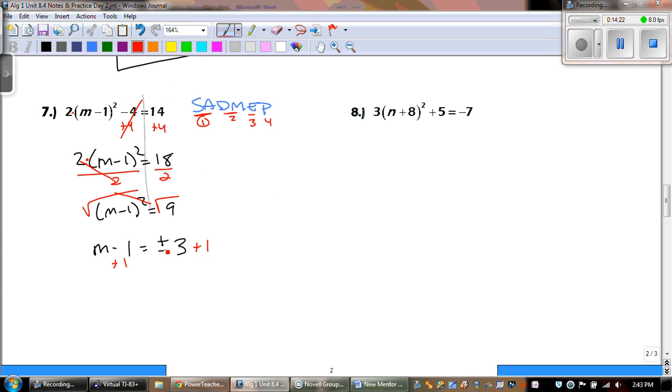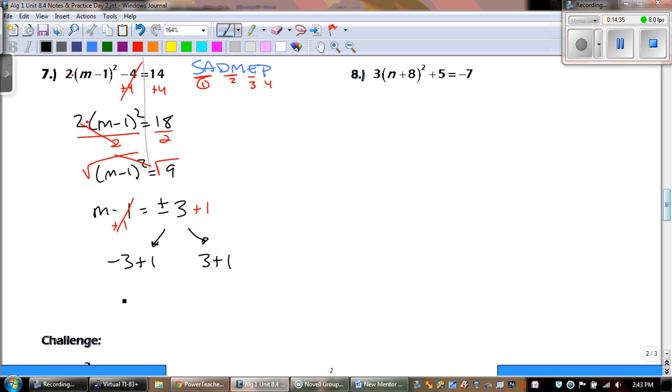Add 1 to both sides. And that breaks down to our two parts, where it's the negative 3 plus 1 and 3 plus 1. And we get that m equals negative 2 or positive... Right, did I do that right? Yeah, negative 2 or positive 4. Sorry guys, I had a brain fart.